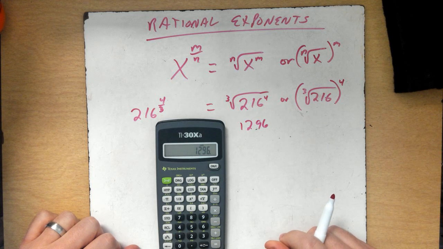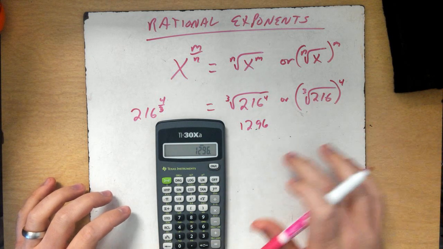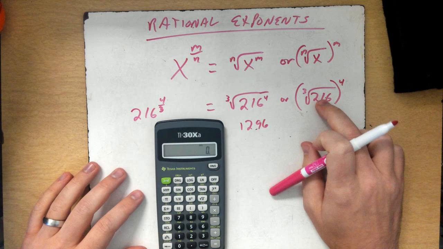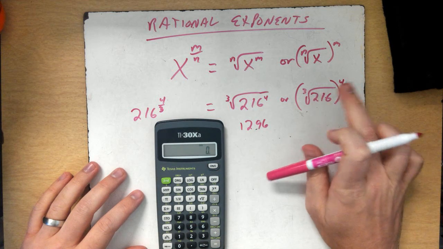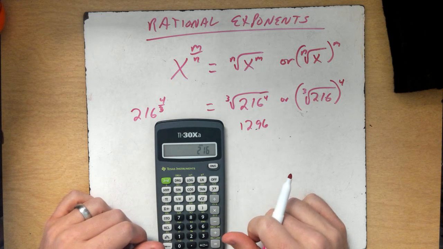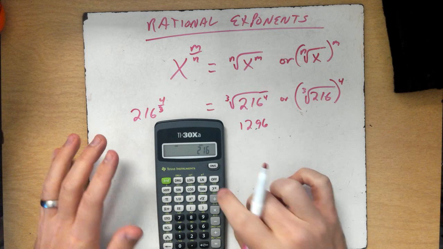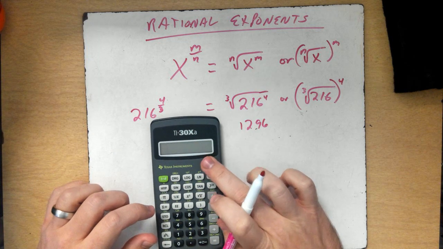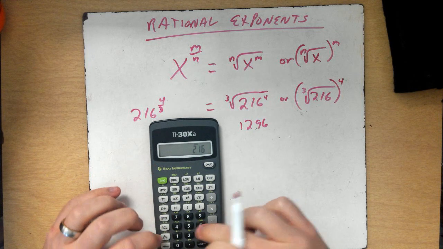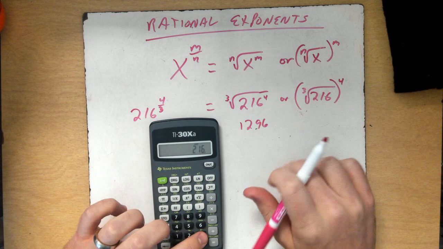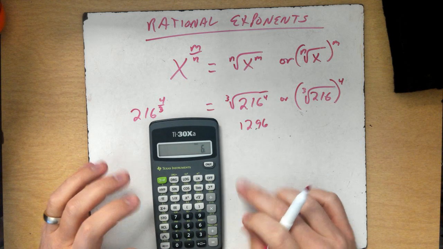Now, I'm going to do it this way and show you we're going to get the same answer. This time, I'm going to do my 3rd root first and then the 4th power. So here, I'm going to do 216. Second button, y to the x, equals, oh, my bad, sorry. Restart. 216, second, y to the x, and then 3, equals 6.